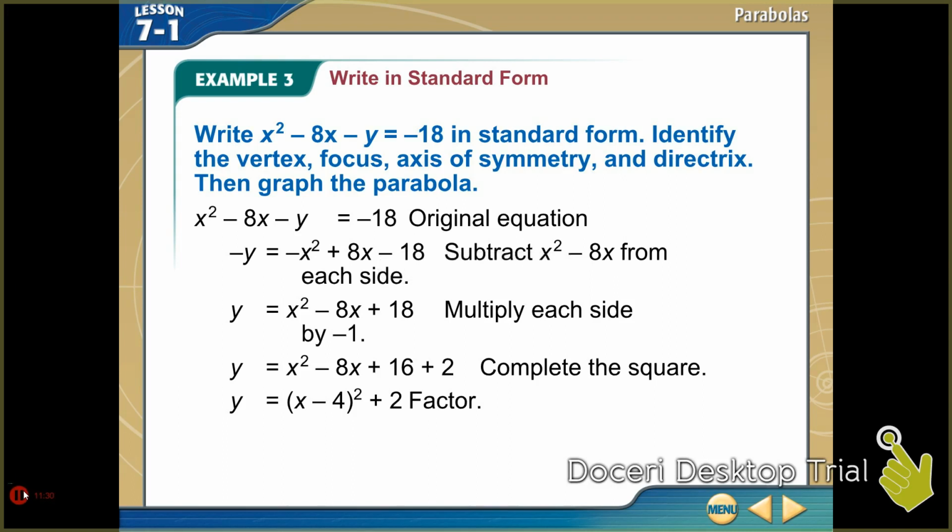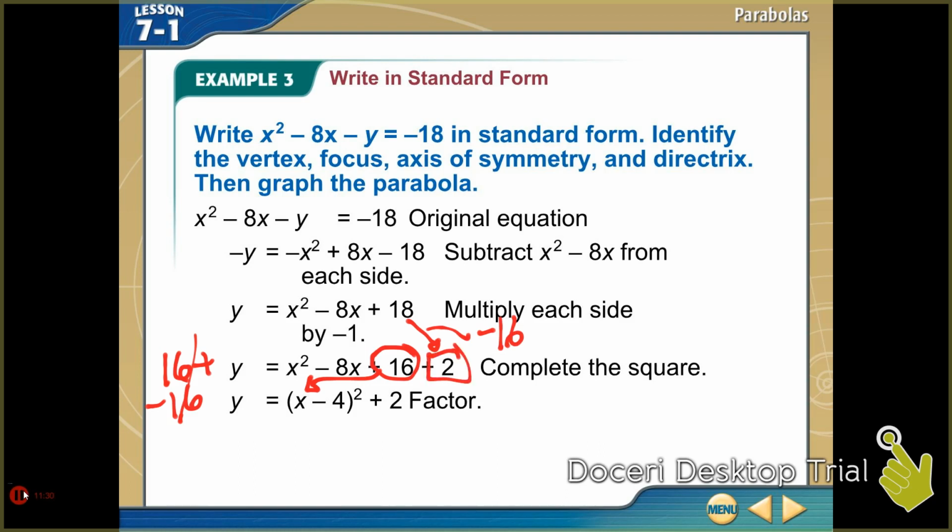So when I added 16, that's great, because that will turn into that. But then my 18 turned into a 2 somehow. So what they really did is when we added 16 there, we have to add 16 to the other side. But since we want y to itself, we're going to take away 16 so that we're left with that over there. So this is when we subtract 16, 18 minus 16 is where the 2 comes from.